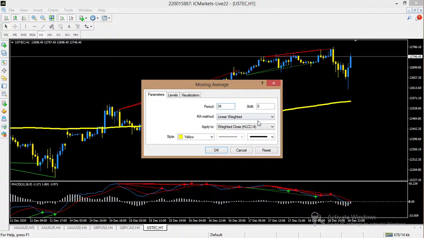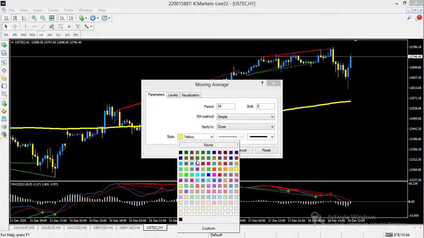So you set the method to simple. Then you apply close. So I would like to change the color to blue.